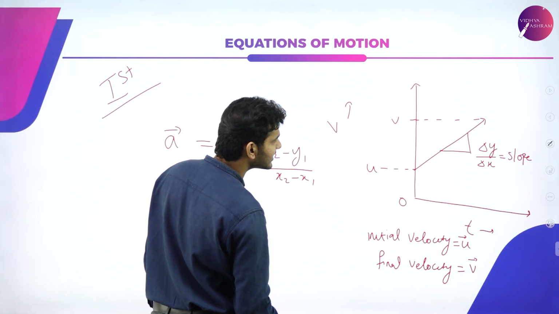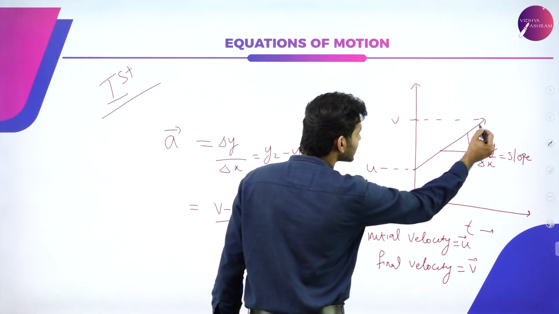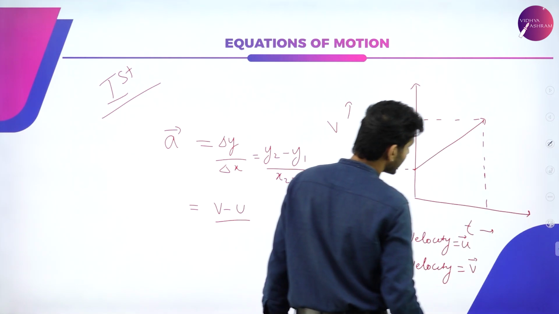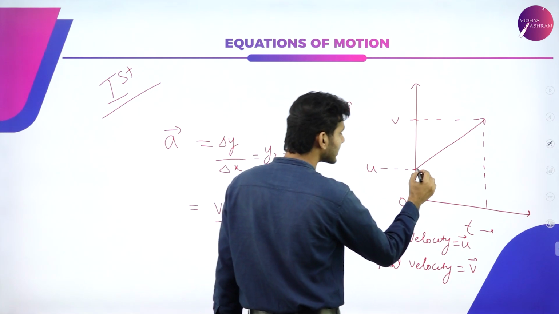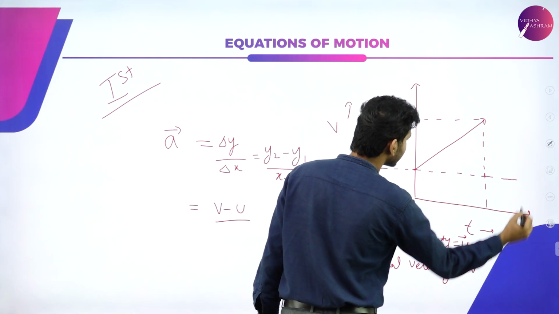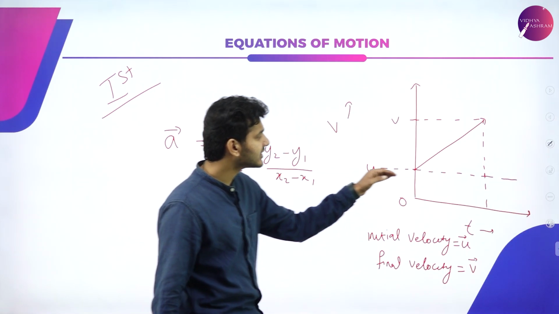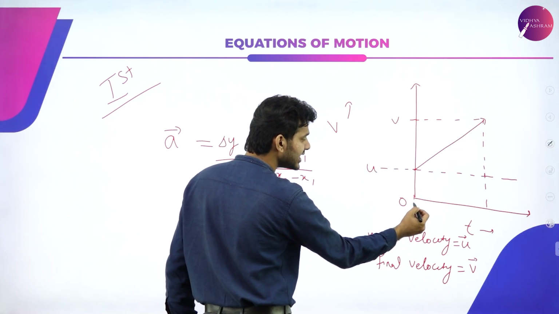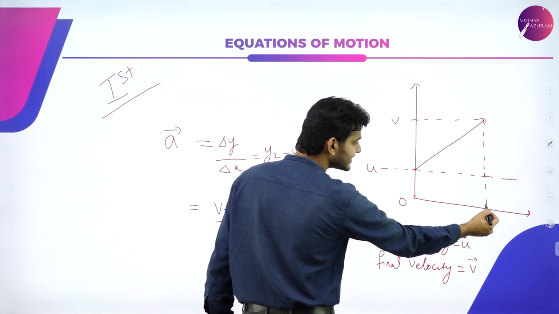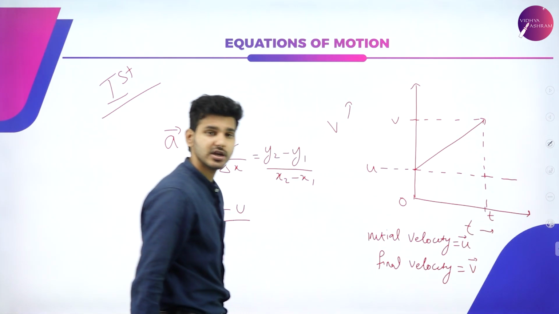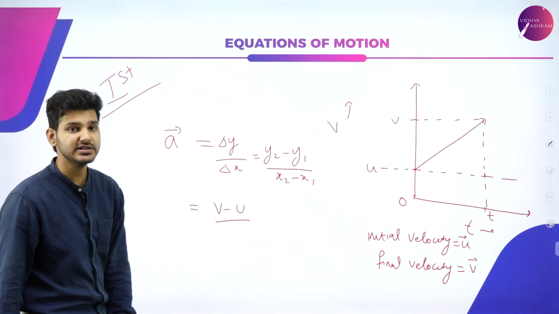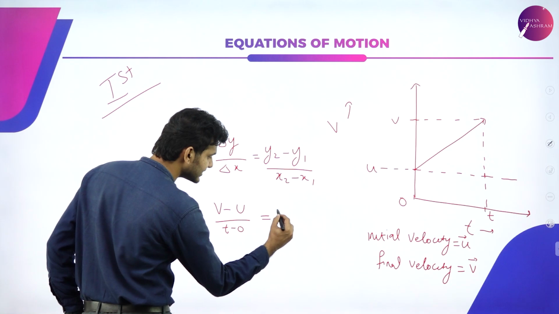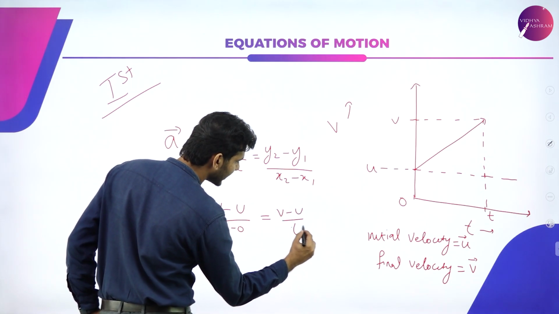So here I am taking the bigger triangle, not a little triangle, so the calculations are easier. The starting point of t is actually 0 and the final point is here, let's say it is t. So the final point is t and the initial point is 0. So we can say it is t minus 0.